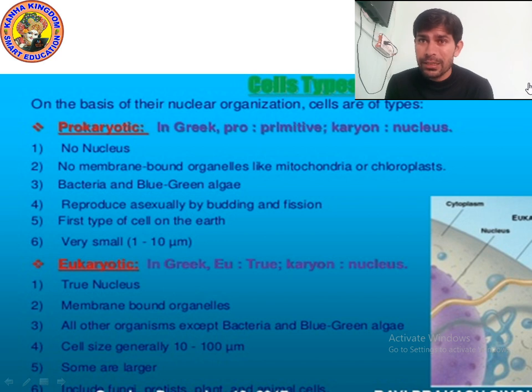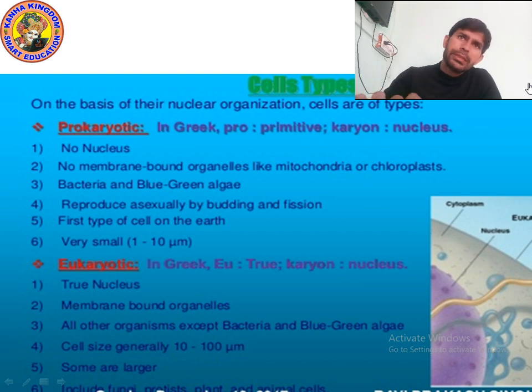Like fungi, plant, animal cell, they all are eukaryotic cell. We also have eukaryotic cell, but bacteria and blue green algae have prokaryotic cell. So this is the difference between prokaryotic and eukaryotic cell.